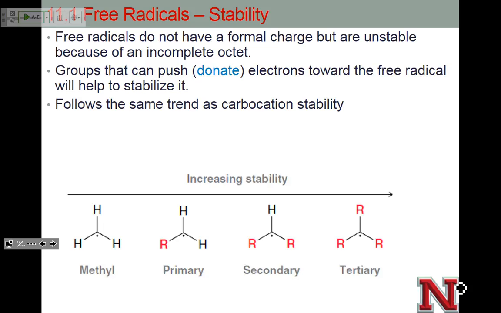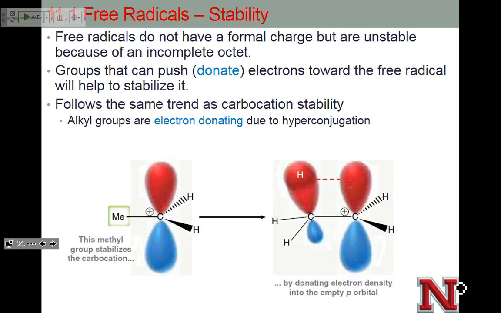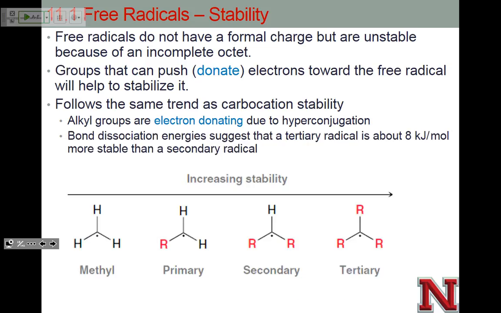So we see the same type of stability as for carbocations, and that makes sense because the more R groups, the more electron donating through induction. And just like a carbocation wants more electrons, our radical wants to have 8. It only has 7, so it wants more electron density. So pretty straightforward there.